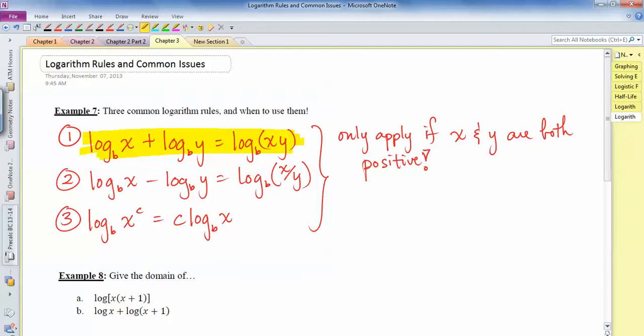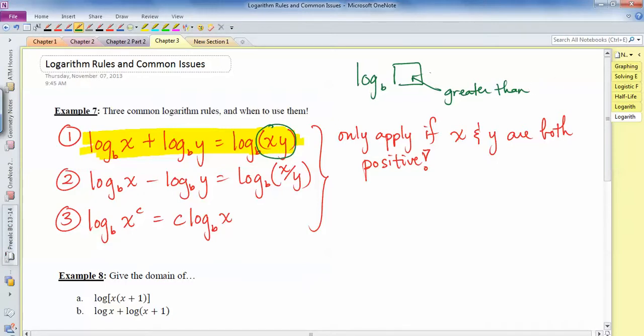Okay. So if you think about x times y right here, we know that log base b of whatever I want, so I'm just going to put a box there, equals something. The stuff that goes inside the box has to be greater than 0, because that's the domain of regular log. So in this case, x times y has to be greater than 0.